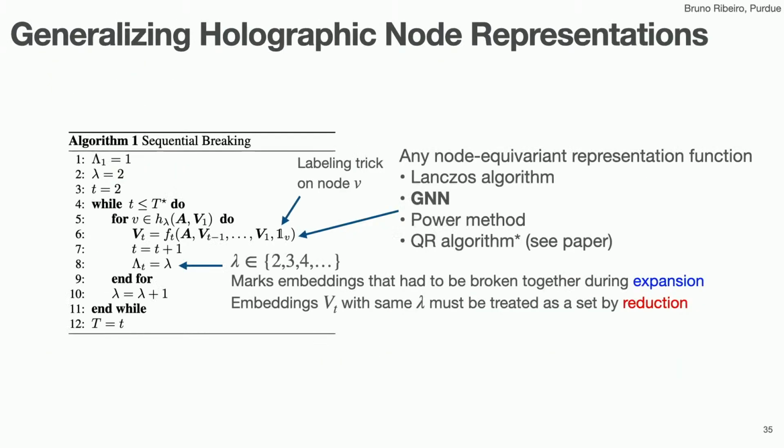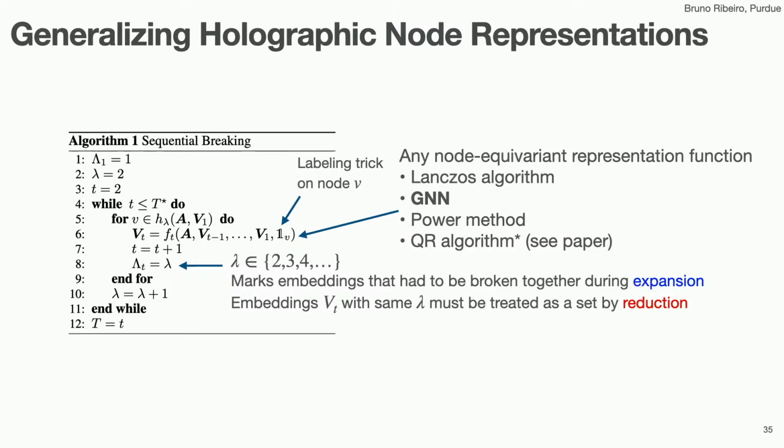But any function that is node equivariant can be used. So Lanczos algorithm, a GNN, power method, or the QR algorithm, there's some details of how to do that, can be used, like any such method. And for eigenvectors, you essentially get some kind of canonical eigenvectors from it.